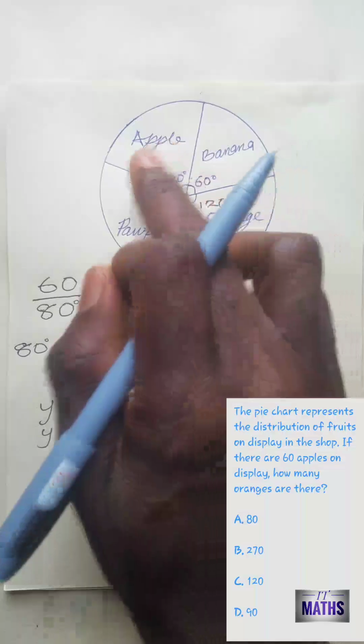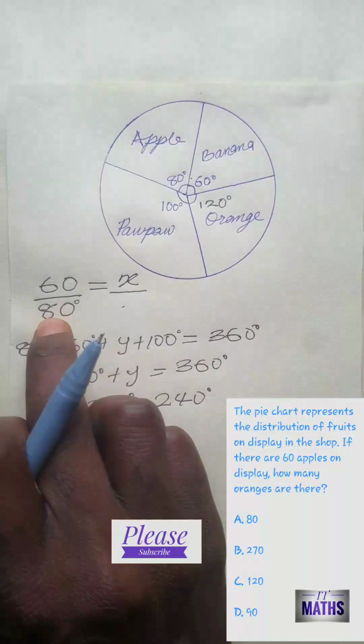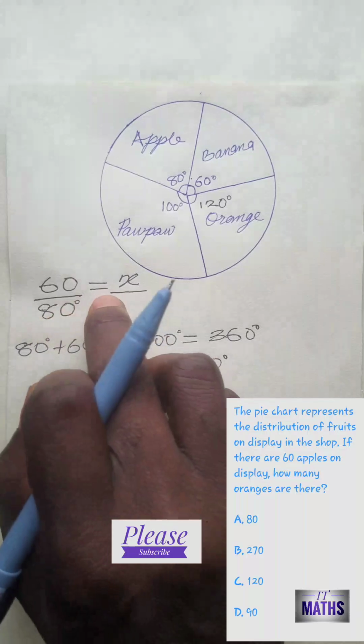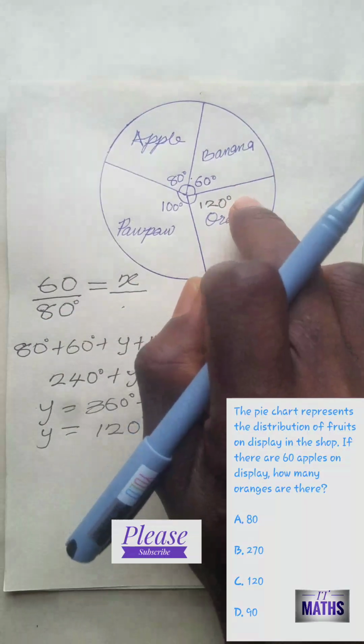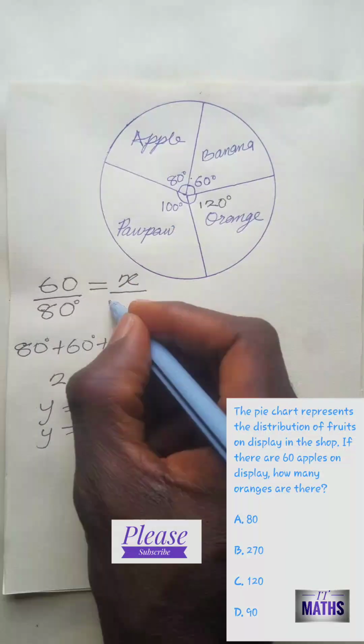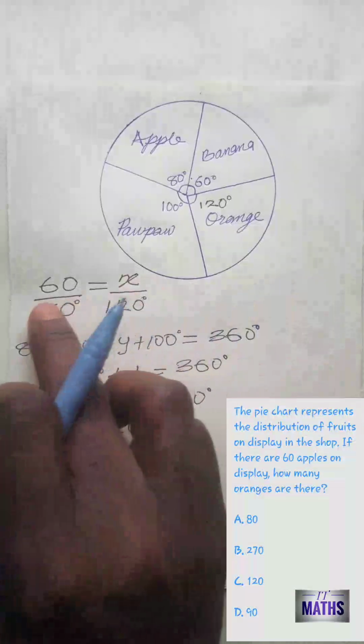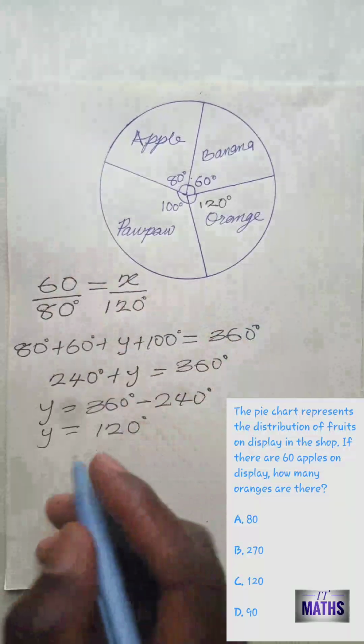Now, the ratio of the number of apples to the size of its angle will be the same, proportional, to the quantity of oranges divided by the size of this angle. So let's work this out. I'm going to send 120 over here.